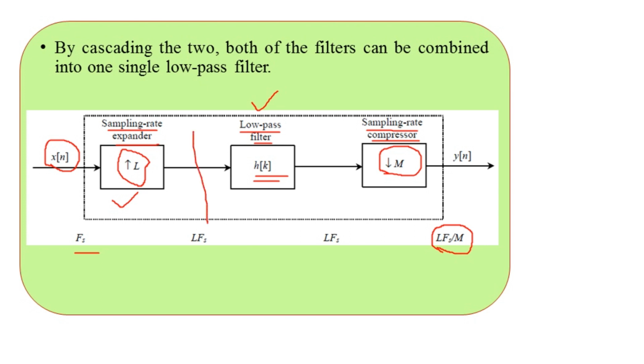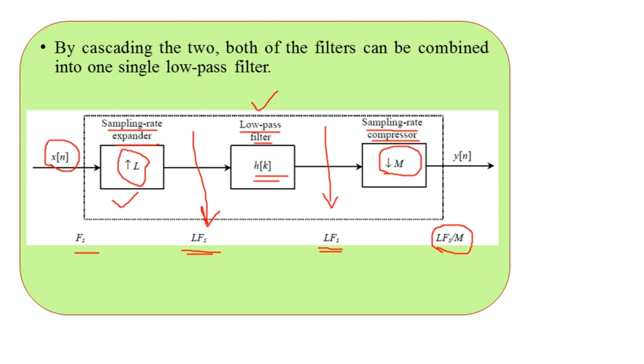At the intermediate levels, after just the sampling rate expander, we have L multiplied to the original sampling rate Fs, whereas after low pass filtering, that is the anti-imaging as well as the anti-aliasing filter, we have the sampling rate to be the same, L multiplied to Fs, and then after the sampling rate compressor we get L divided by capital M, so this ratio is multiplied to Fs.